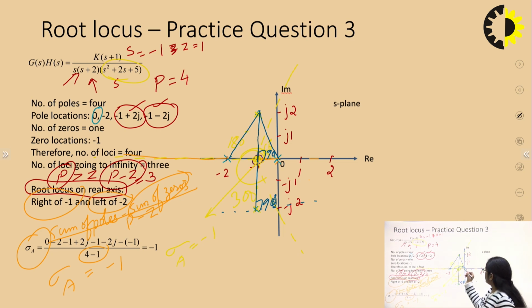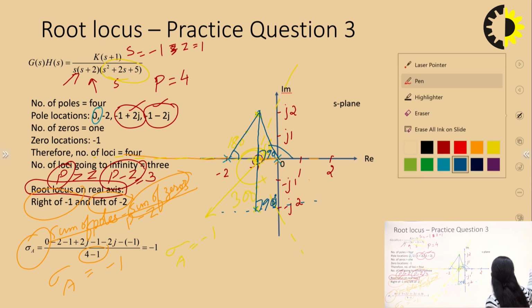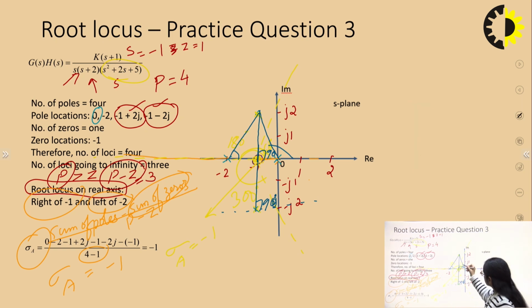Now we have to find this angle with the real axis. To find that, we can simply use trigonometry. We will first find out the angle inside it and subtract it from 180 degree.